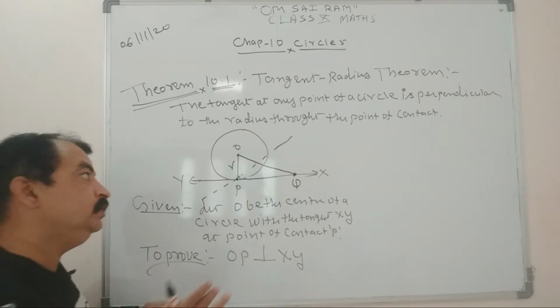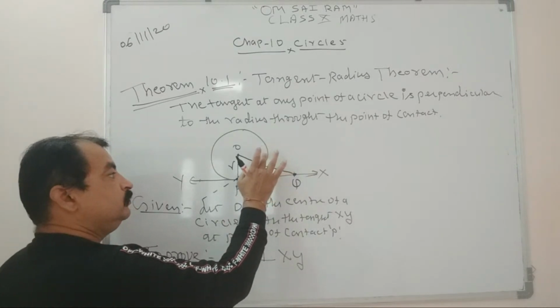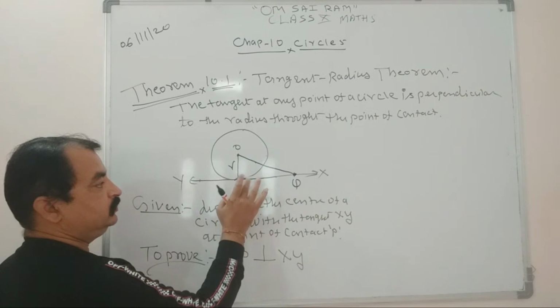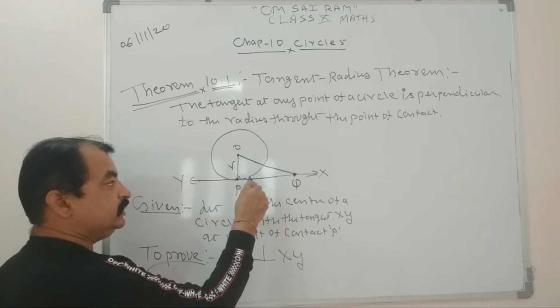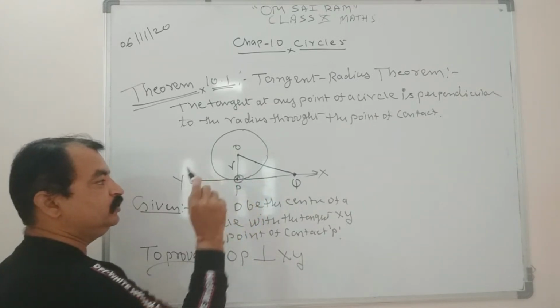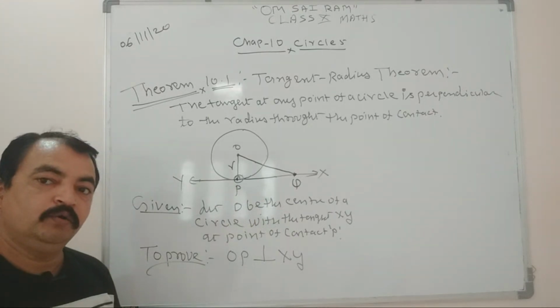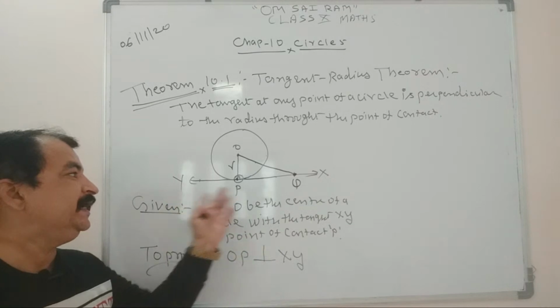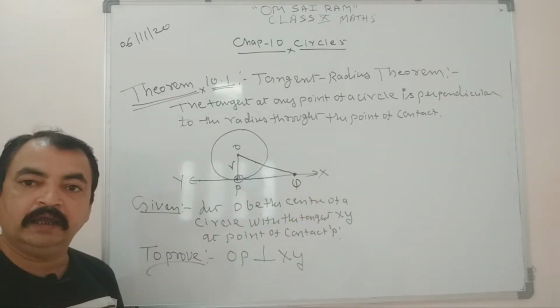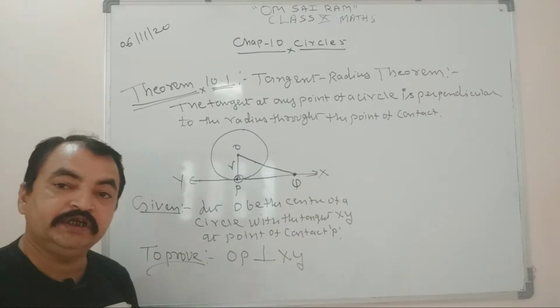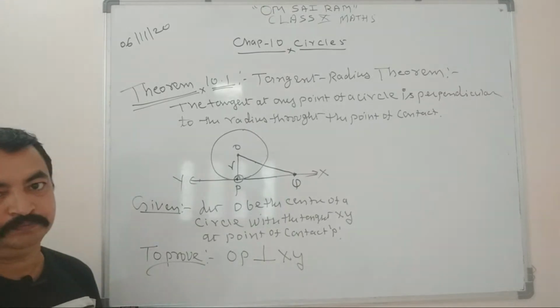So the only point on XY whose distance equals the radius is point P. Other than the point P, whatever point you take on the tangent XY, its position will be exterior to the circle, children.